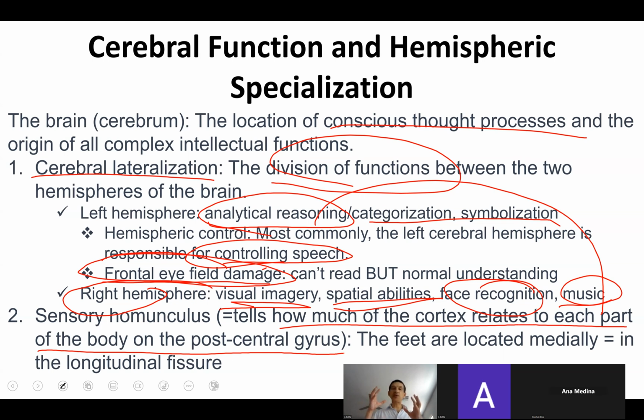A certain amount of cortex is dedicated to moving the body, and a certain amount is dedicated to feeling the information that's coming to the body, right? The feelings are obviously found in the parietal lobe, in the post-central gyrus. Just remember that the feet, for example, on the post-central gyrus are actually located medially in the longitudinal fissure.